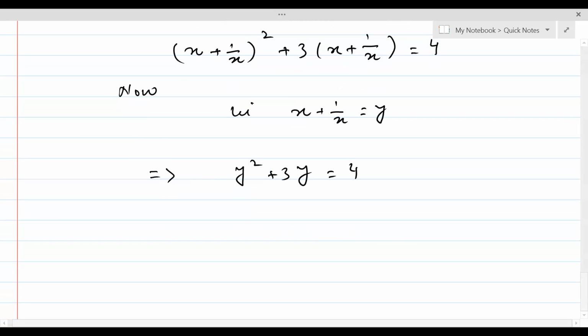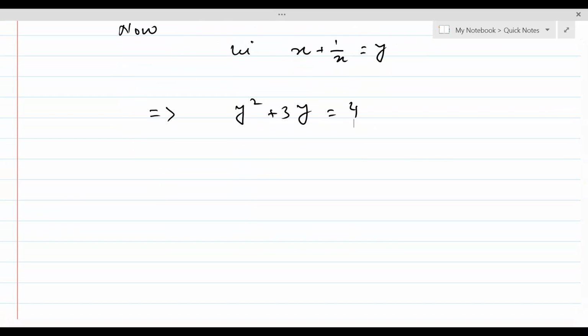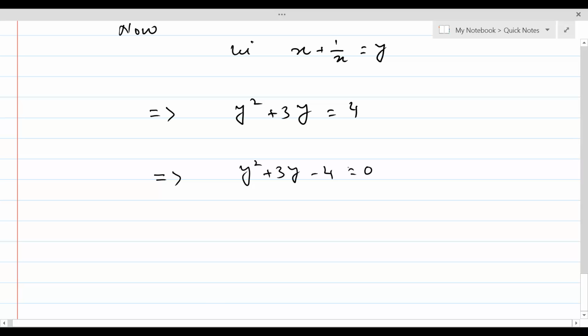And if we bring 4 on the other side, this is a quadratic equation. Y squared plus 3y minus 4 is equal to 0. Here AC is negative, therefore we will find two such factors of 4 whose difference is equal to 3.